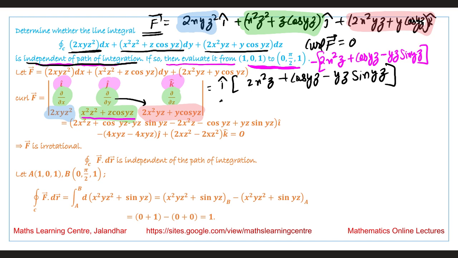Then with minus j cap, we are having the derivative with respect to x, it is 4xyz, and then the derivative with respect to z, it is minus 4xyz.